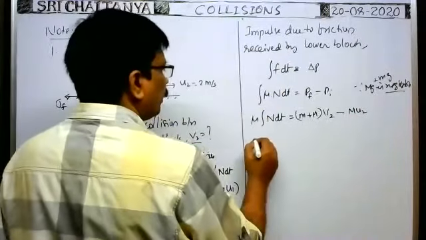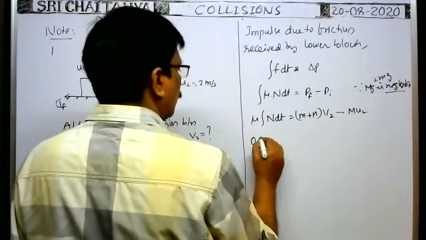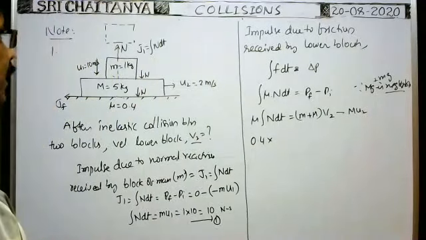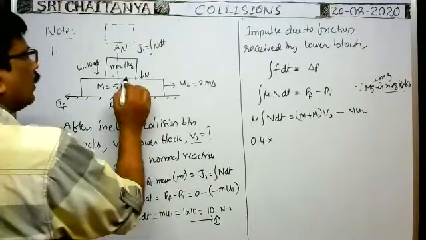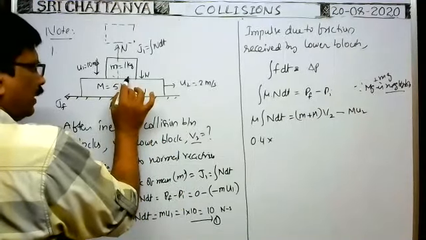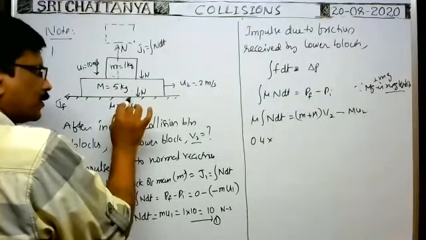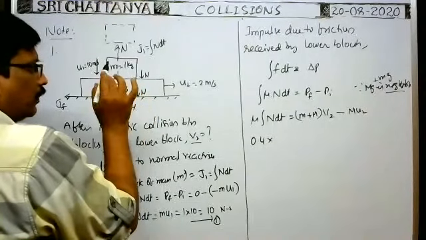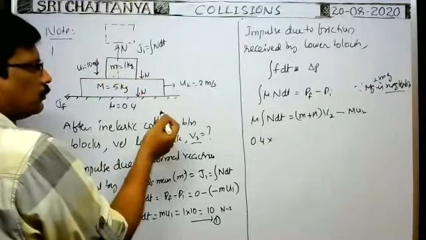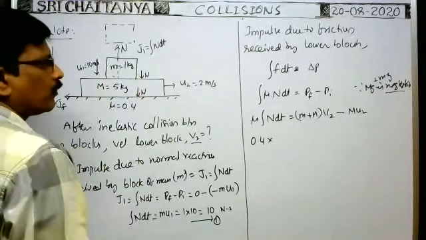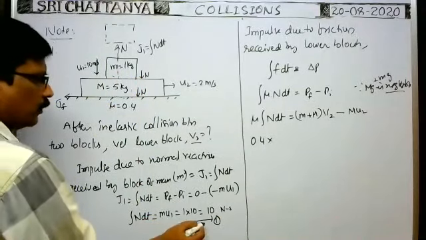Mu means 0.4 is given, into integral n into dt. Actually, the impulse received by the normal reaction due to the sphere is n. Here also because of weight normal reaction acts, but normal reaction due to weight is negligible. Only because of collision does the normal reaction act. That is only considered. That's why integral n dt means this only, 10.